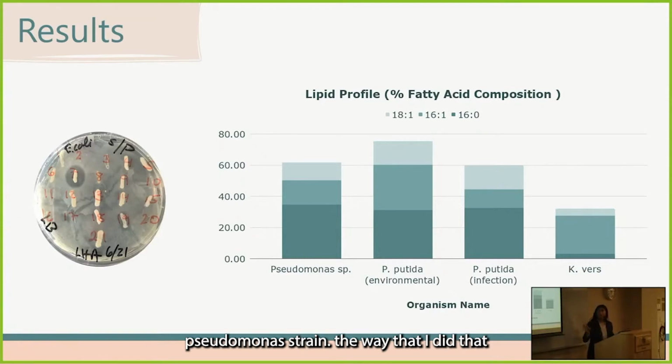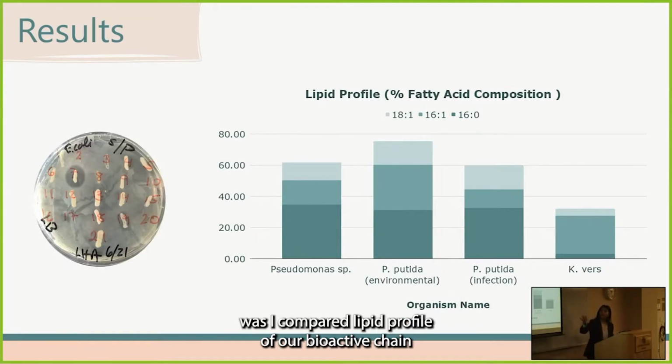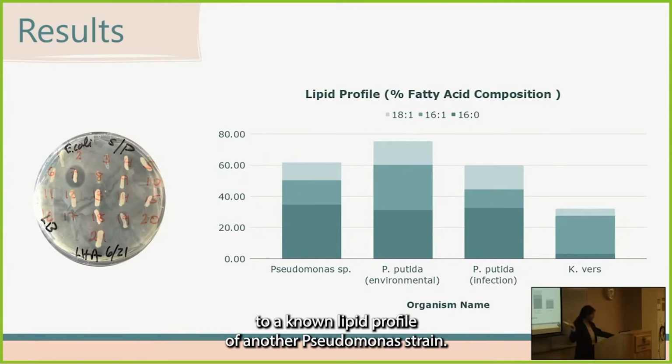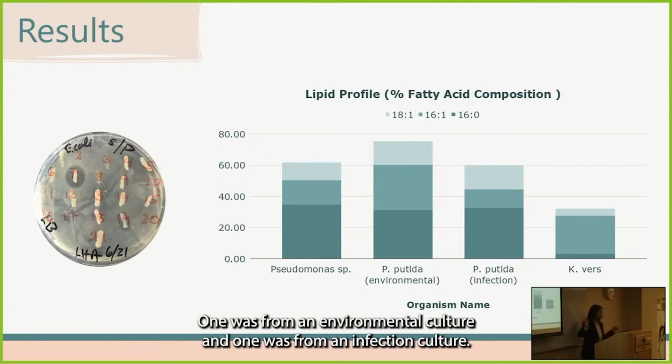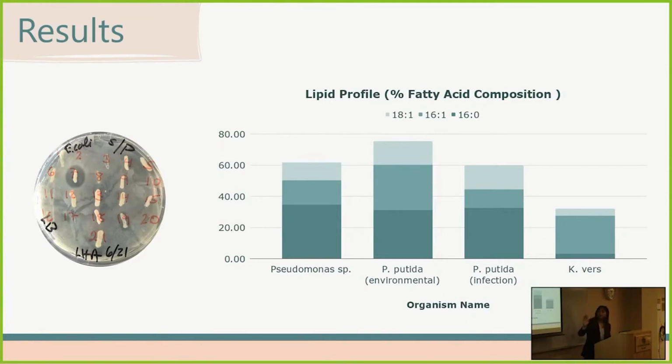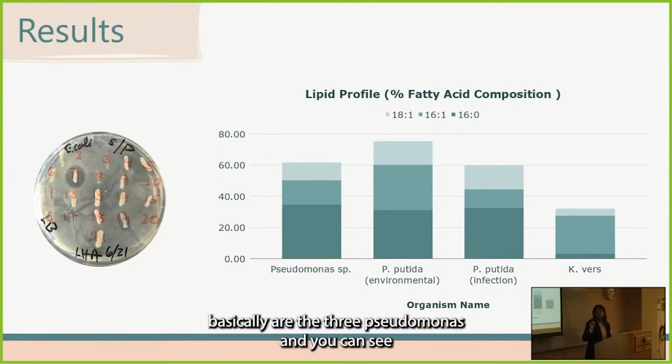The way that I did that was I compared the lipid profile of our bioactive strain to a known lipid profile of another Pseudomonas strain. There were two separate samples. One was from an environmental culture and one was from an infection culture. So these leftmost three bars basically are the three Pseudomonas.